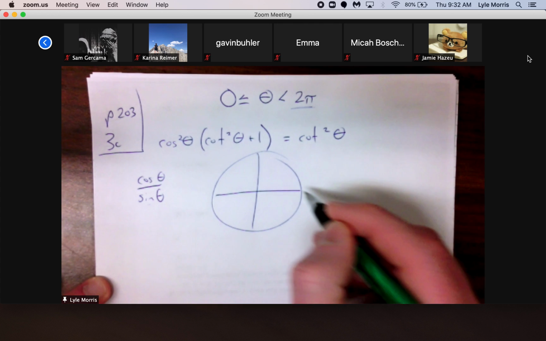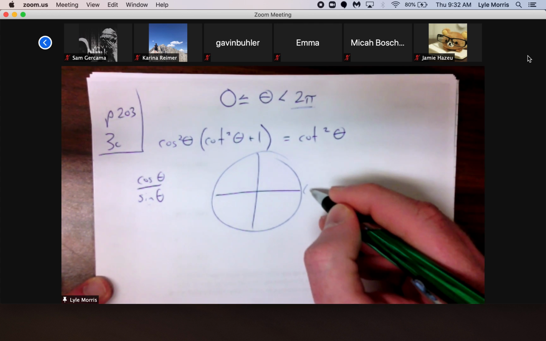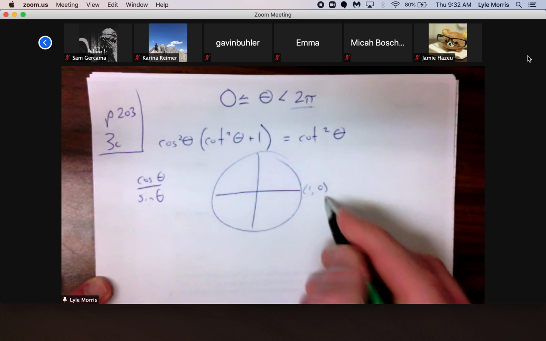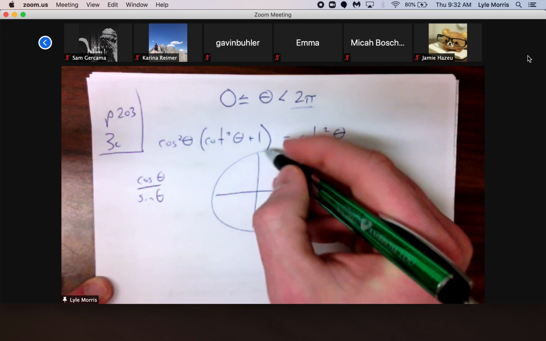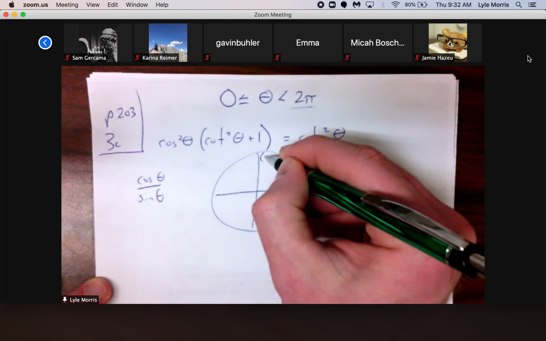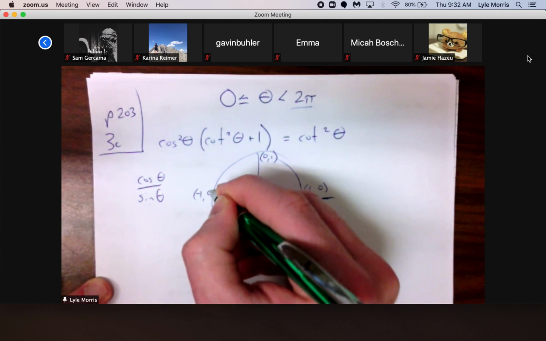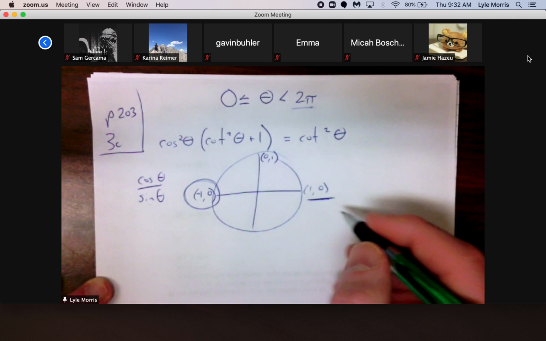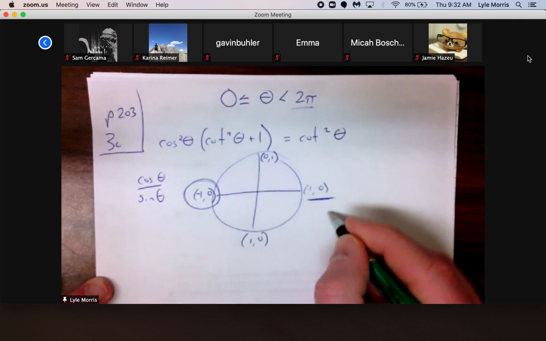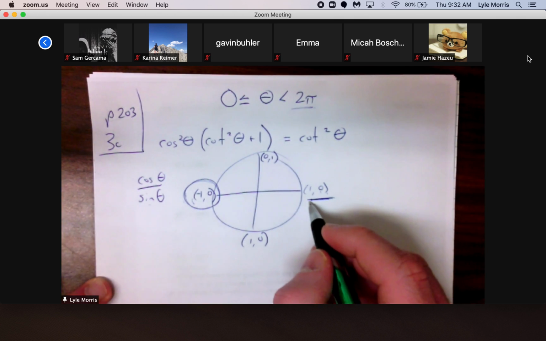So in our unit circle, this right here is x is 1, y is 0. So this one counts. Up here, this is x is 0, y is 1. That one's fine. This one, x is negative 1, y is 0. Another answer down here, 1, 0. So these are the 2 places.